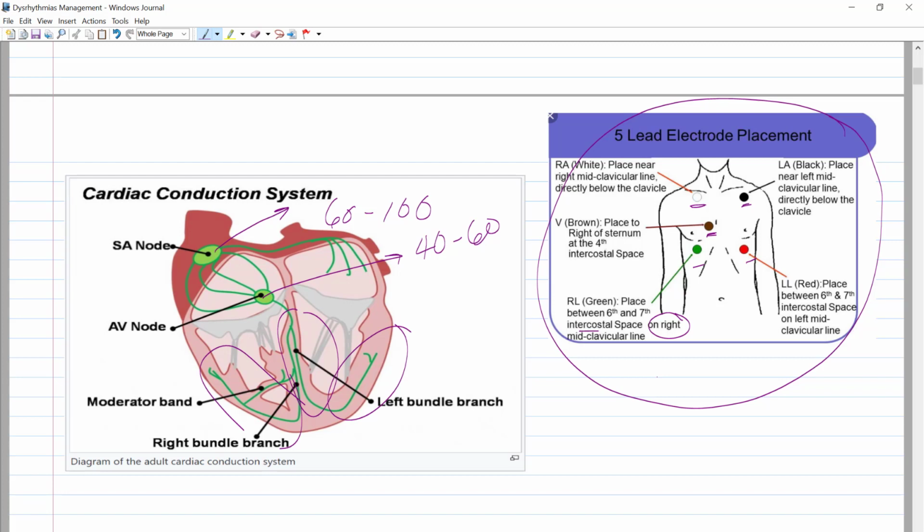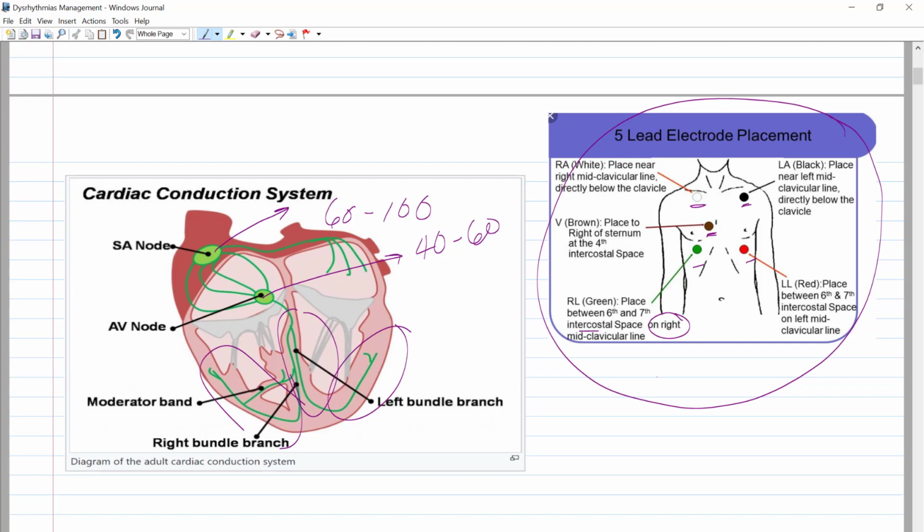So for arrhythmias with a slower heart rate, like sinus bradycardia, it means that the SA node and the AV node are having problems.